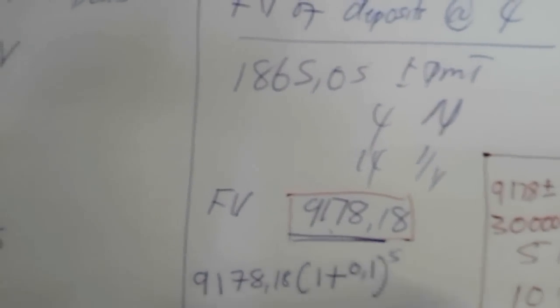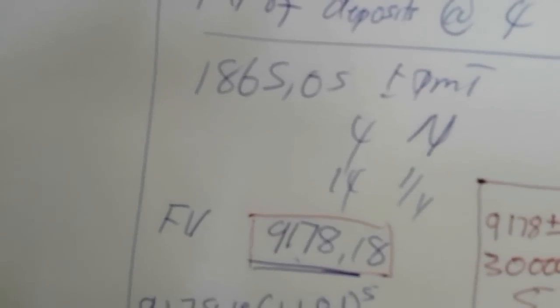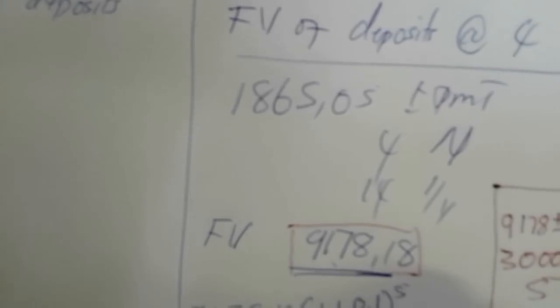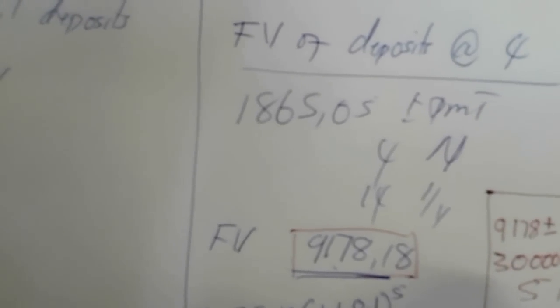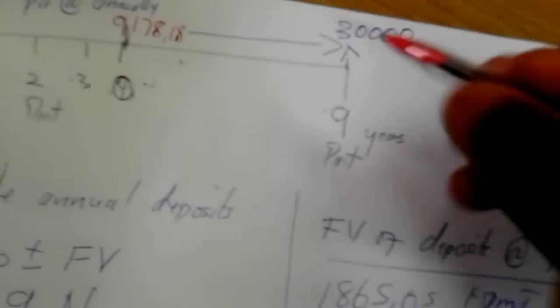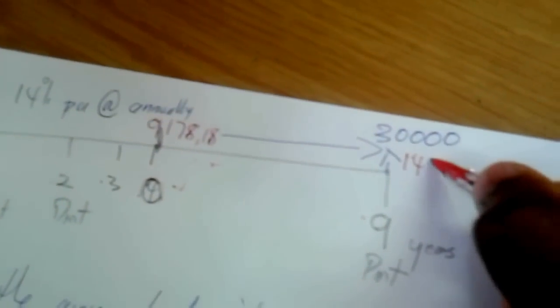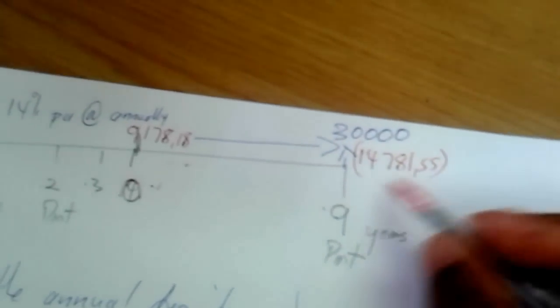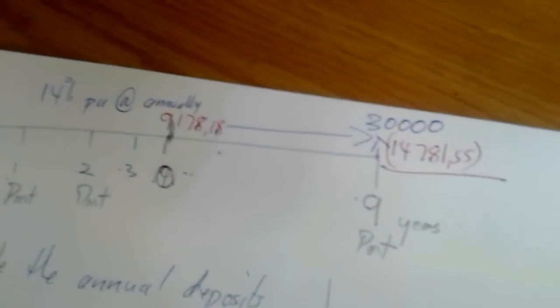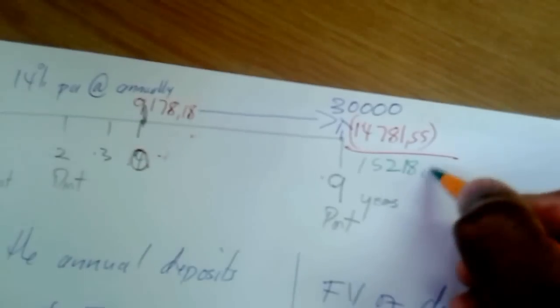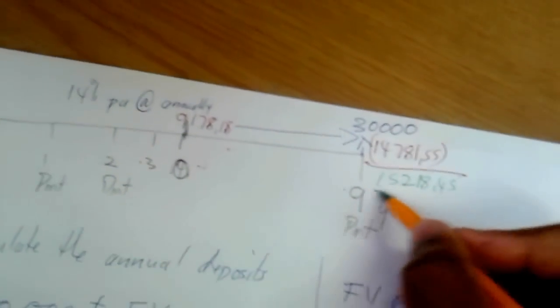Then this answer is going to be 14,781.55. So as you can see, it's not enough. There's a shortfall, and that shortfall is 15,218.45. But not to worry. Why?